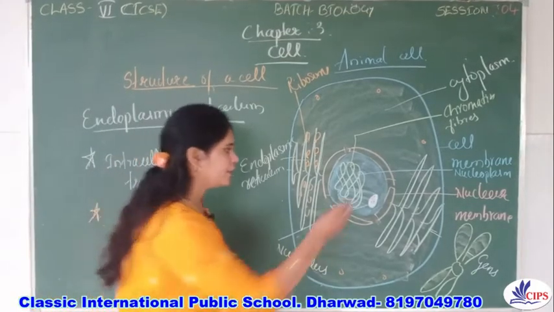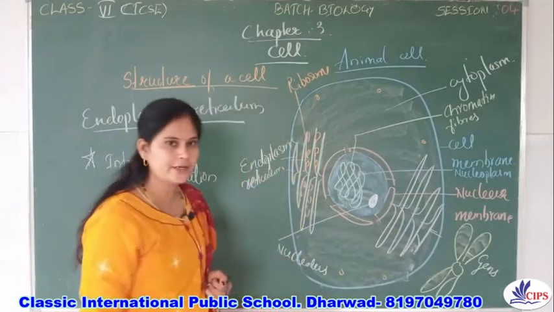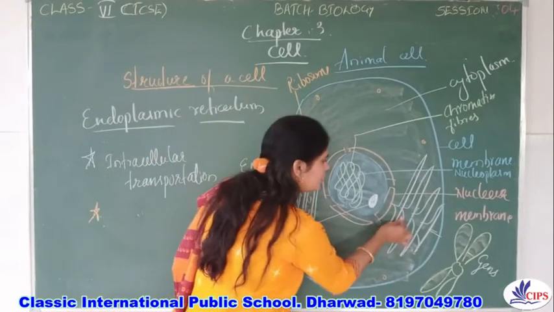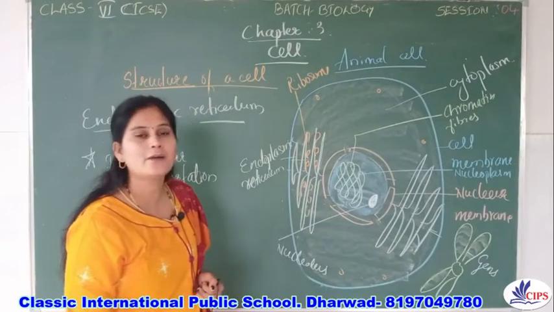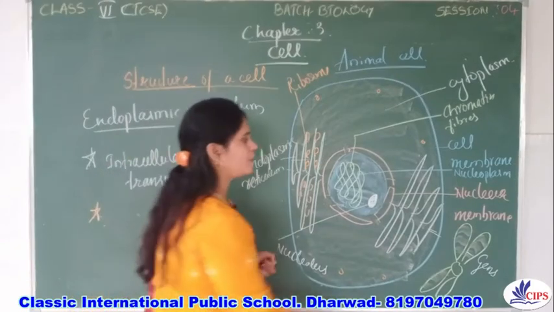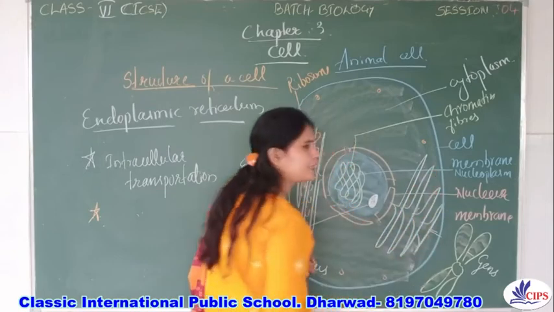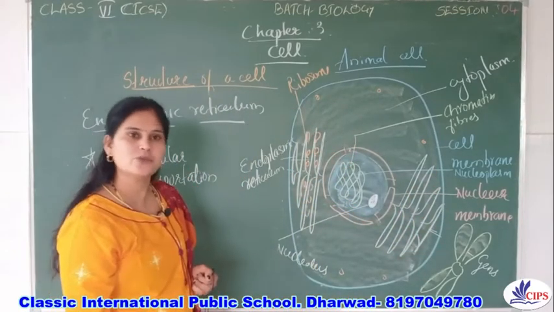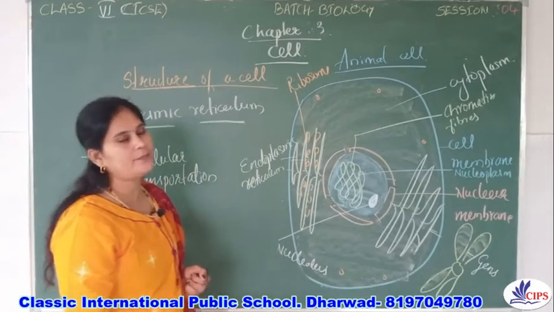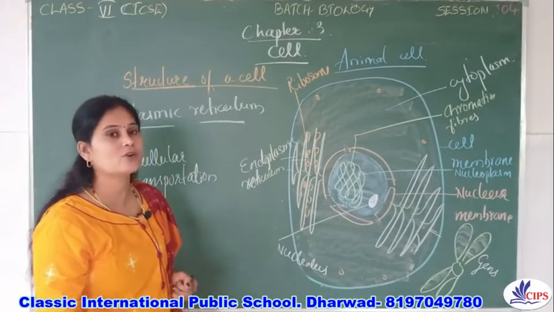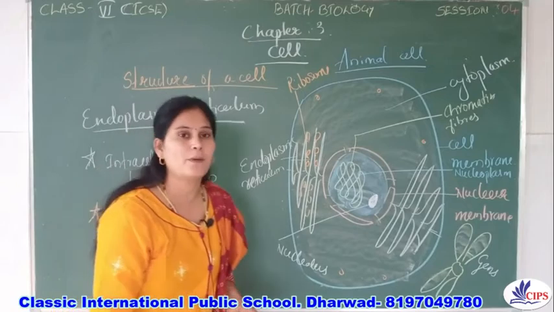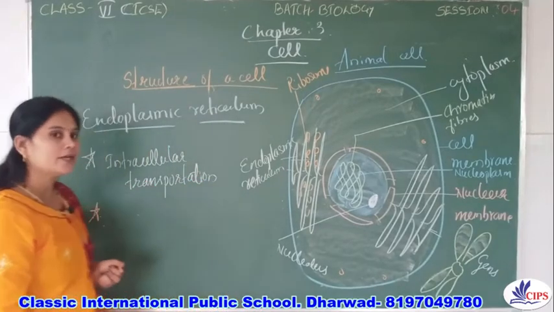And if you see here, ribosomes are absent, they are not present. So when they are absent, it gives the smooth appearance, right? So then the endoplasmic reticulum is called as smooth endoplasmic reticulum, right?